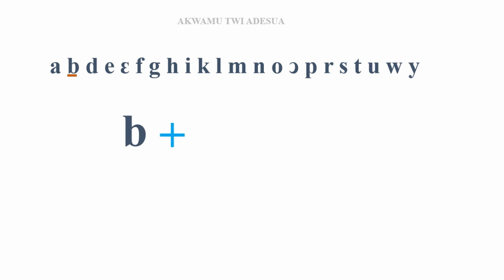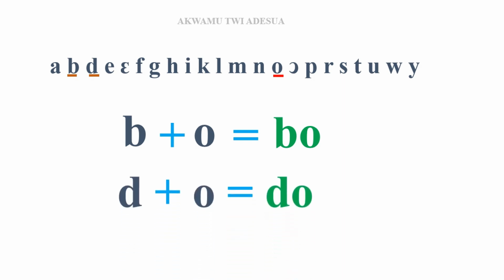So let's move on. B plus O, which is the B, and the O will give us B. D plus O, which is the D, and the O will also give us Do.